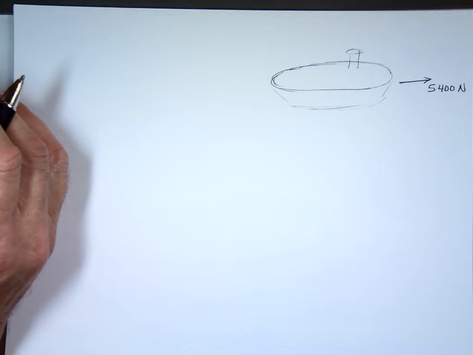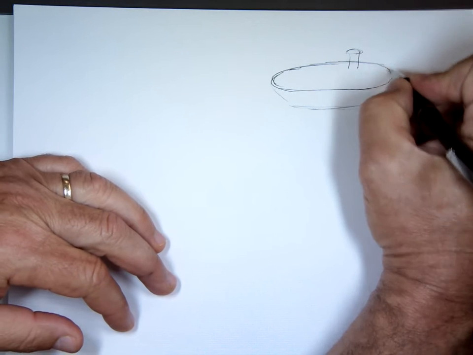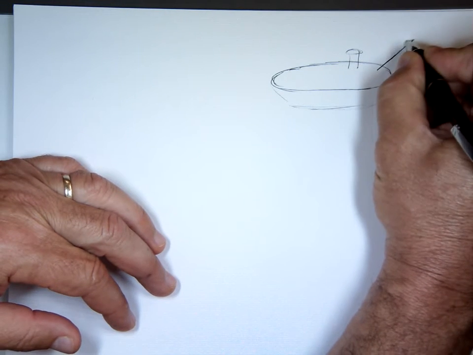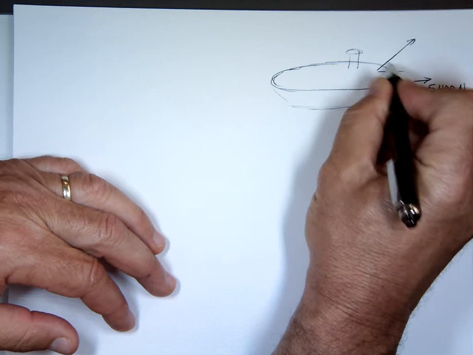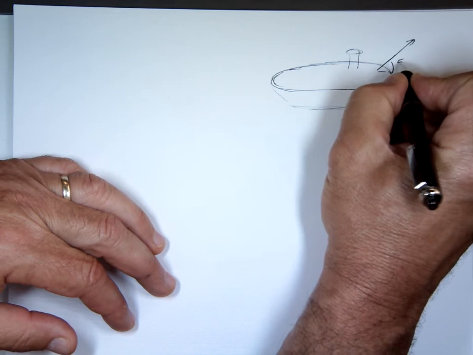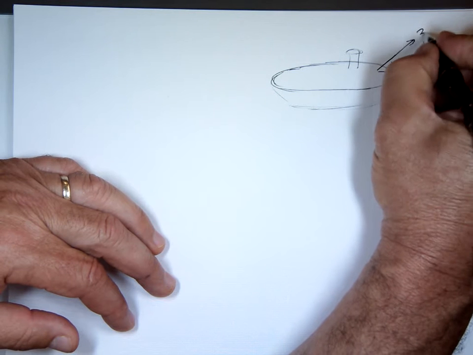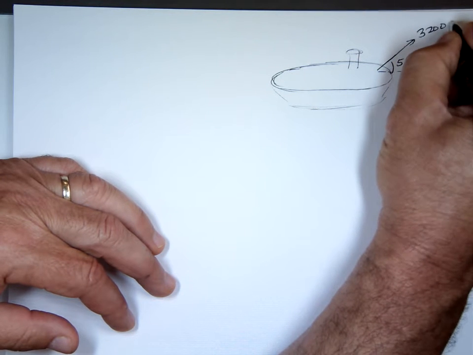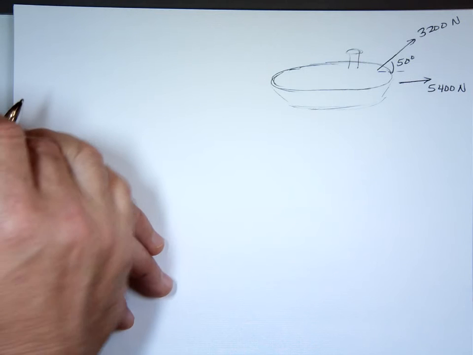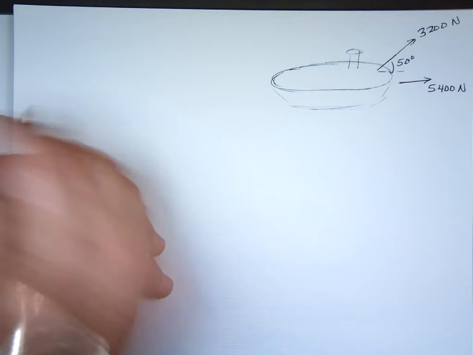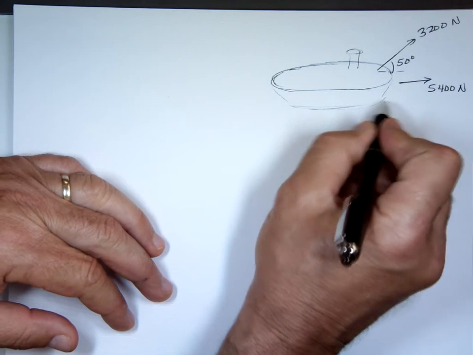I might have another tugboat pulling in that direction at an angle, let's say of 50 degrees here, of a force of 3,200 Newton. Then I got a tugboat pulling in this direction.